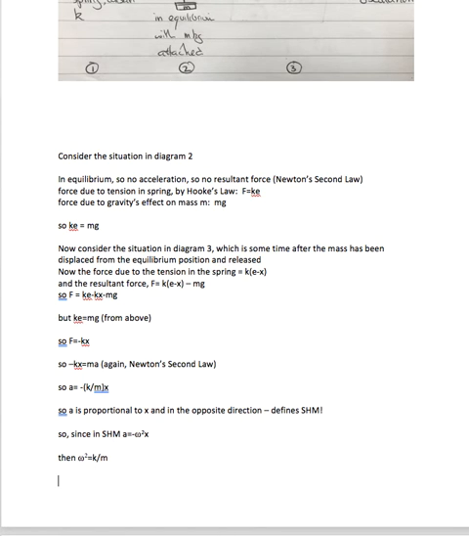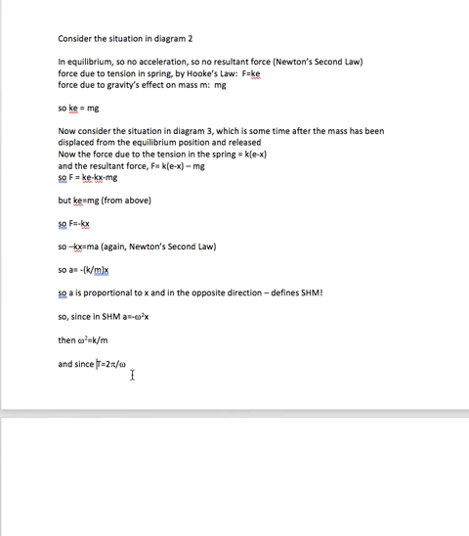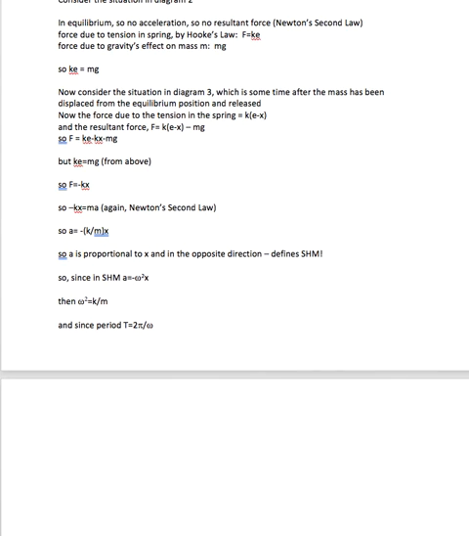And we also know from our earlier work on sorting out the equations for SHM that the period T, remember we were looking for an expression for the period, is 2 pi over omega. So if we take our expression for omega, square root of K over m, put that in there, then we get T is 2 pi root m over k, which should be a familiar expression to you, but there it is.